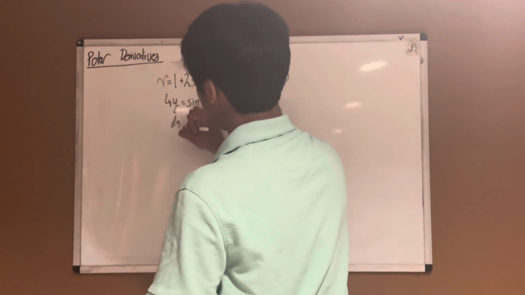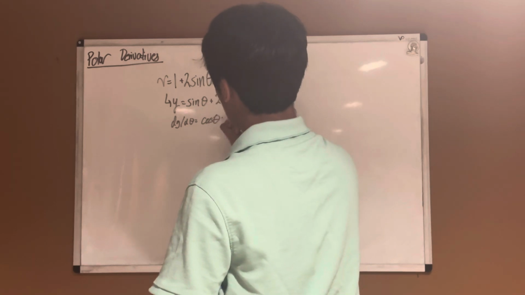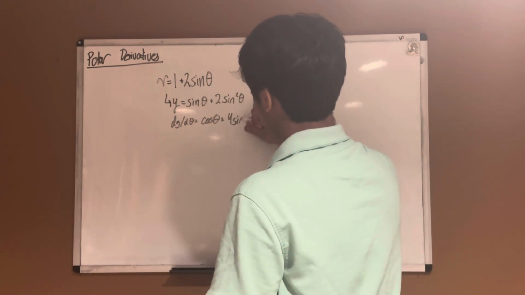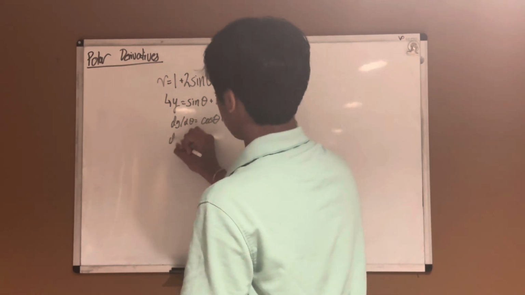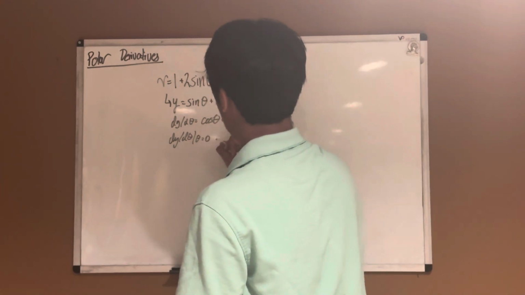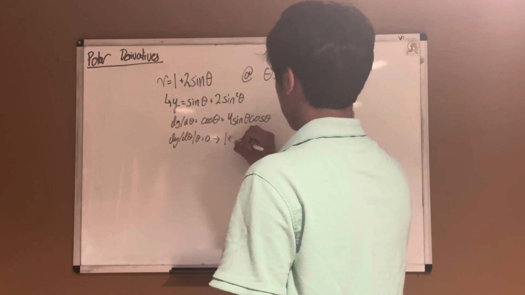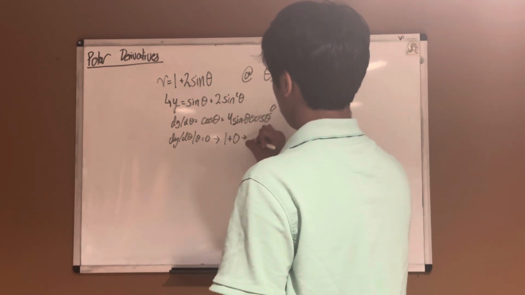Then dy/d theta is equal to cosine theta plus, by the chain rule, 4 sine theta cosine theta. Then dy/d theta at theta equals 0: cosine 0 is 1, sine theta becomes 0, so this whole part becomes 0, so 1 plus 0, which is 1.